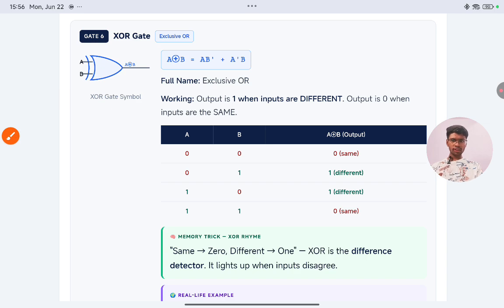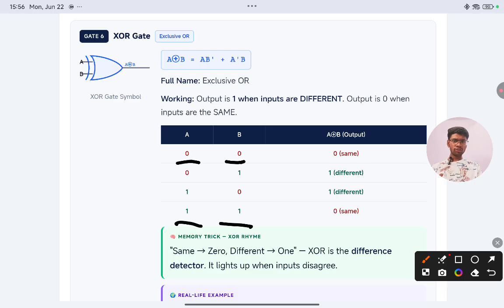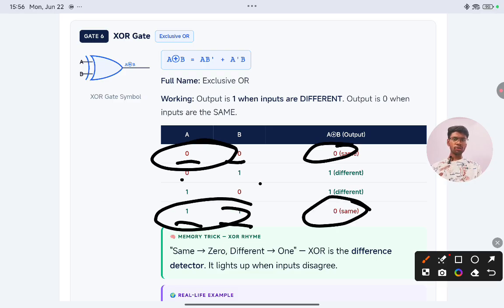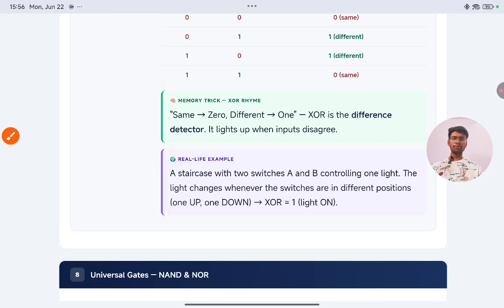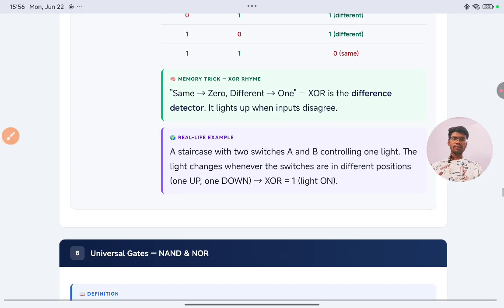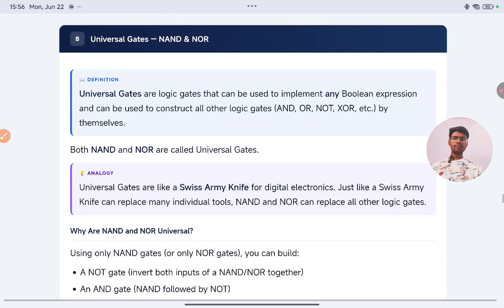If two digits, A and B, are 1 and 1, or 0 and 0, if they are the same, it will return 0. If it is 0 and 1, or 1 and 0, it will be 1. 1 when different, 0 when same. So as a difference detector, it lights up when the inputs disagree. Right, you can remember like this.